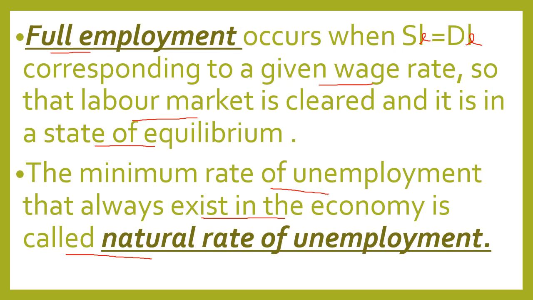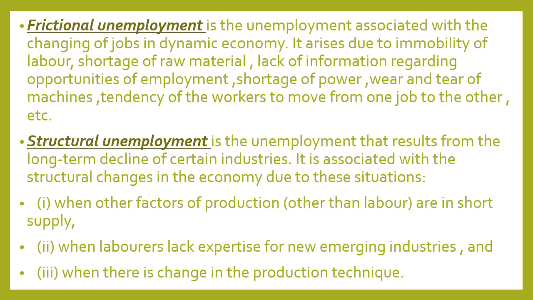Now why does natural unemployment happen? Because of supply and demand parameters in the economy which keep on changing. On the basis of them, there is a situation of frictional and structural unemployment in the economy. Frictional unemployment and structural unemployment.